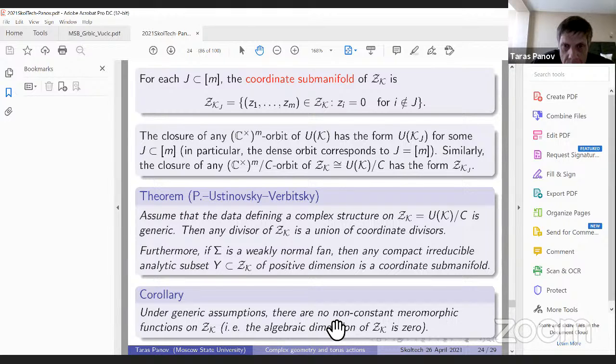So no meromorphic functions, no divisors, only finitely many complex analytic submanifolds. So it's very far from being Kähler or projective.